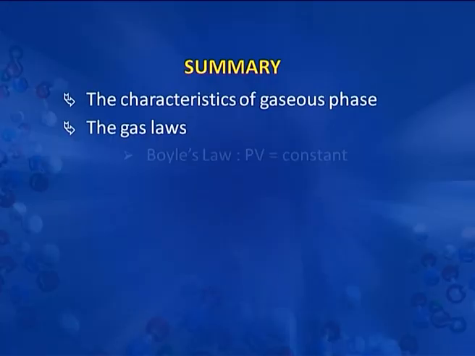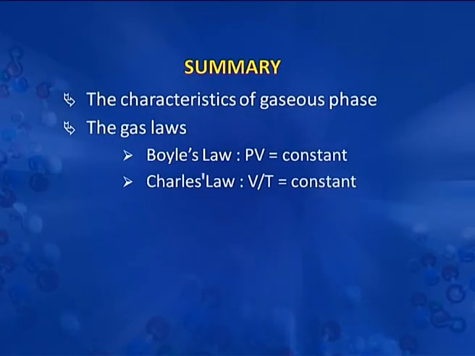In this case, pressure is inversely proportional to volume. So, what did we write here? PV is constant. In Charles' law, volume is directly proportional to absolute temperature. Mathematically, we wrote it as V by T is constant.